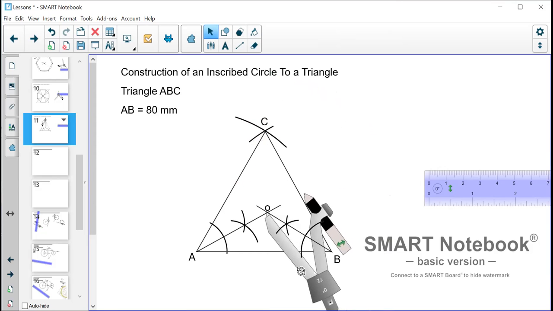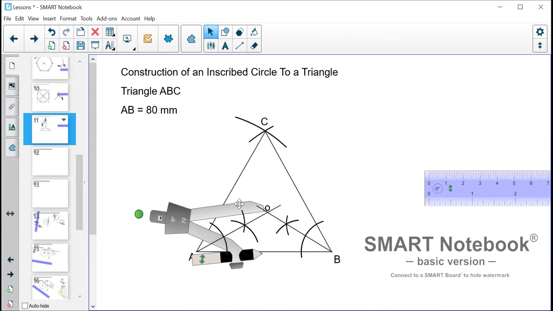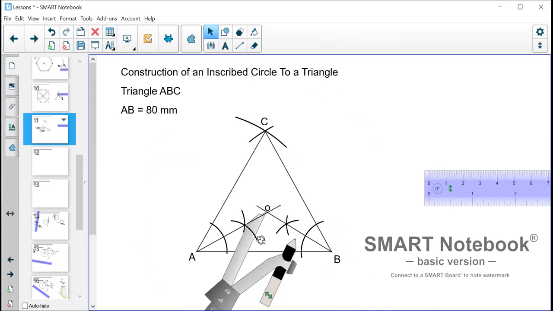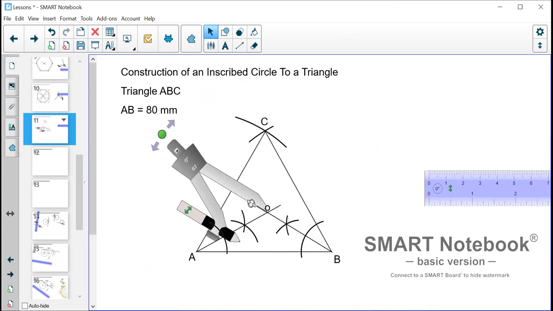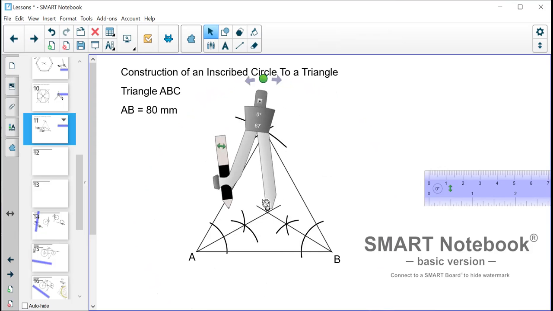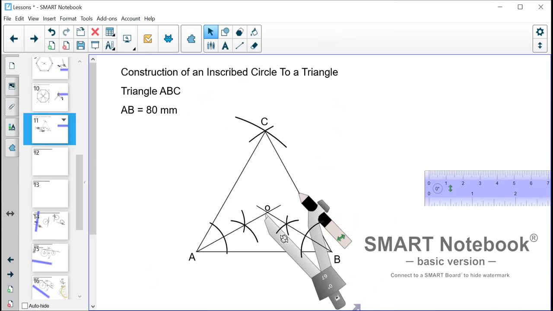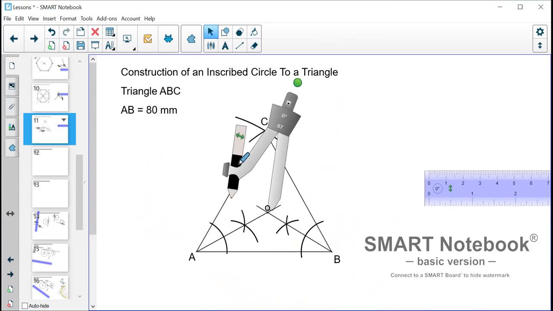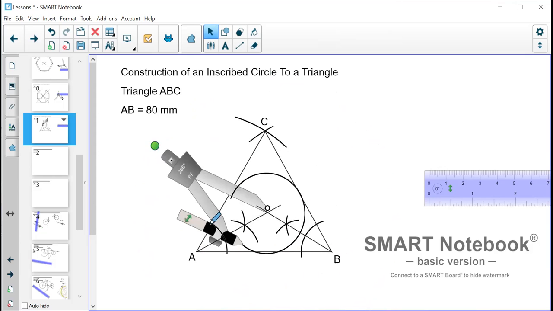So you would have to utilize a particular radius that would suit. Now, what happens if you don't do the constructions accurately? All the sides will not touch, as you can see here.